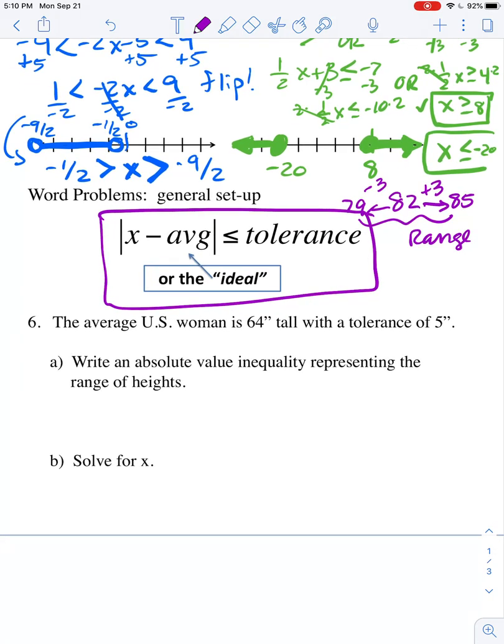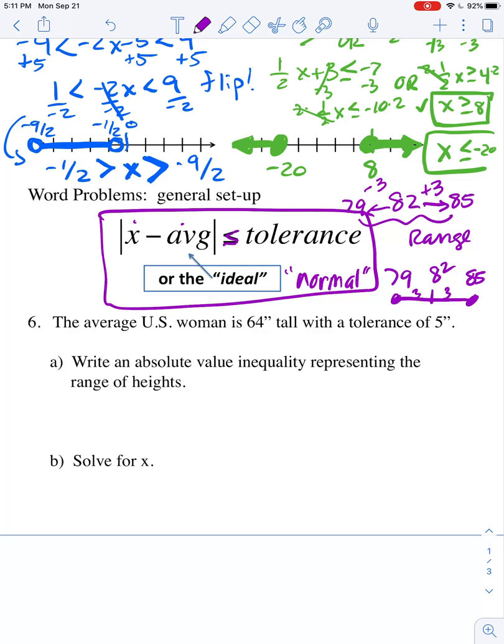When you set a problem up, you're looking for the ideal, normal, average, and you're finding the distance from X to that value, and you're keeping it within a certain range. So here, 79 up to 85 would be my range. 82 was my average or my mean, and my tolerance was how far I went in each direction.